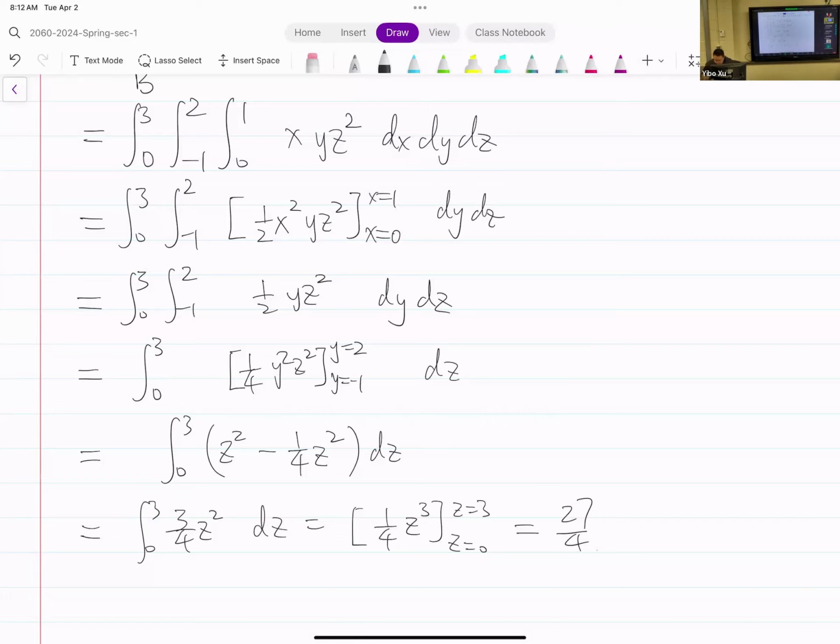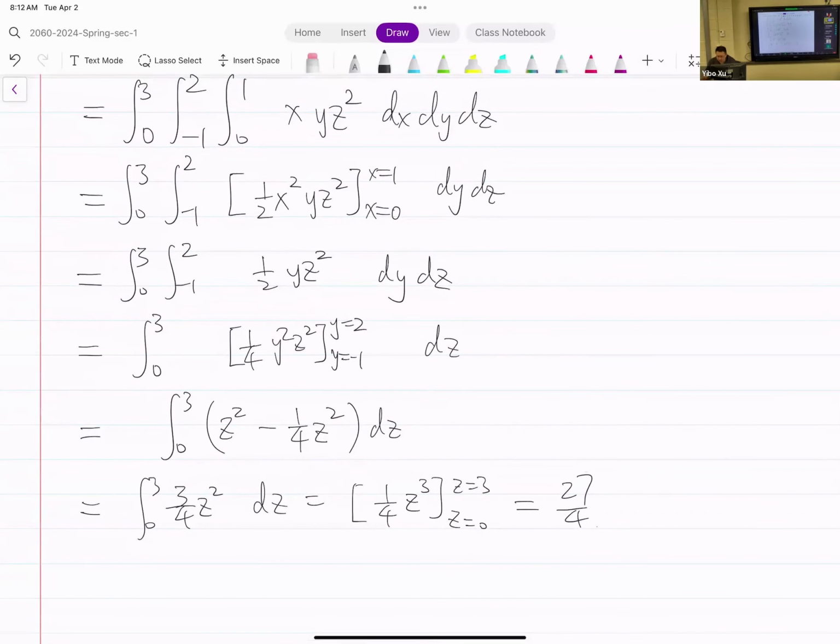So you can see that if you have just a triple integral over a box, and you have a polynomial function that you're integrating, it's the same old.